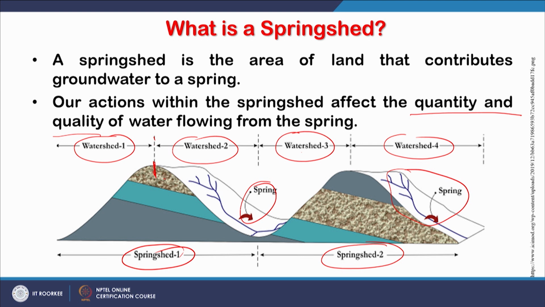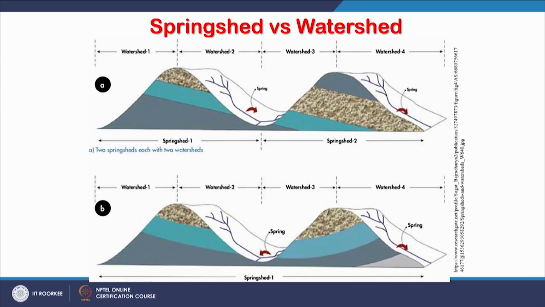So, if you want to understand how a spring should remain perennial, then that understanding is very much required. This is a very simple schematic diagram, but in natural conditions things may not be as simple as shown here, and therefore identification of a springshed becomes very challenging.